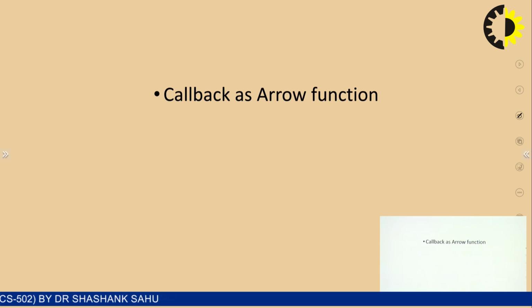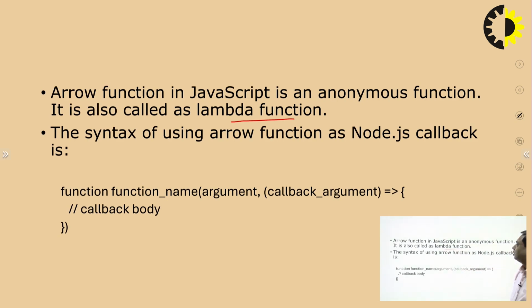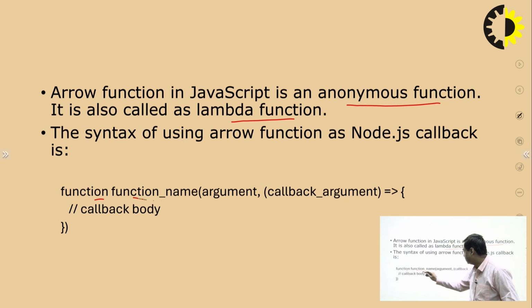The next part is that we can use the callback as an arrow function. An arrow function is basically a lambda function. An arrow function in JavaScript is also called an anonymous function, and also called a lambda function. Here is the syntax: we are using the function name, it is a normal function.